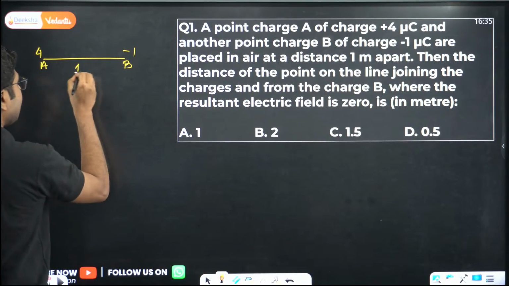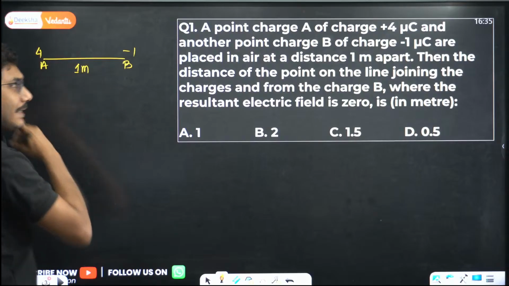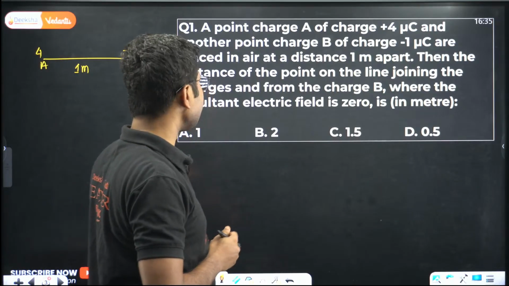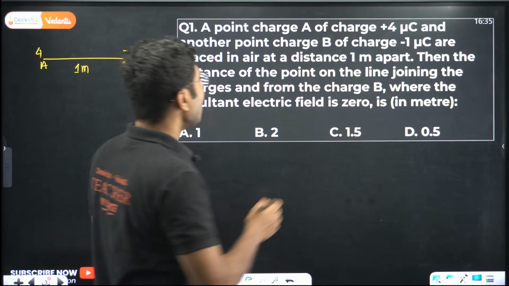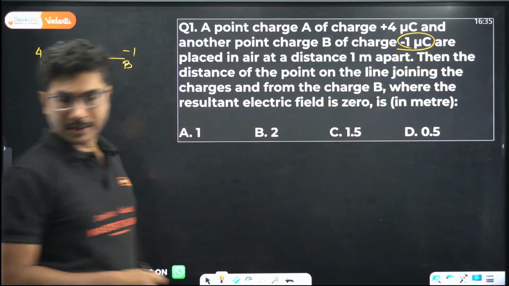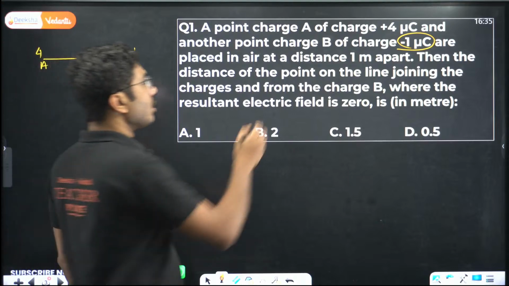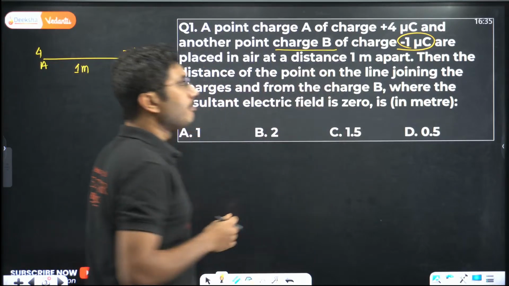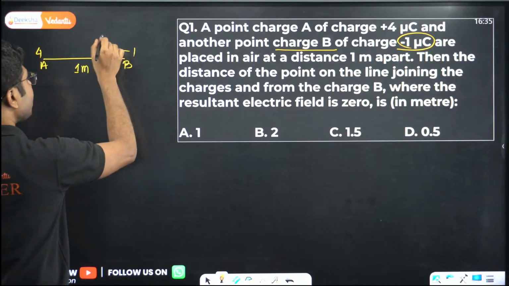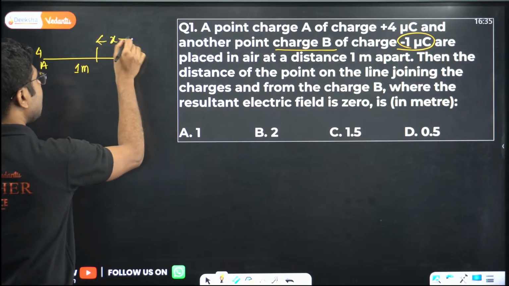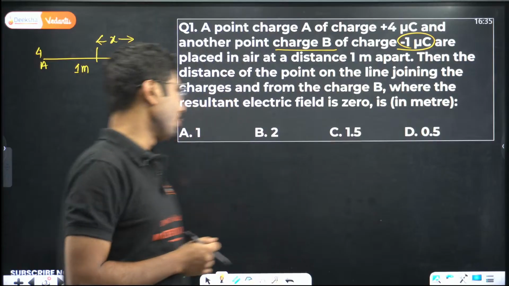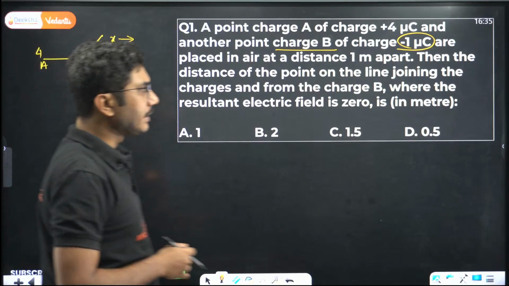We need the distance of the point on the line joining the charges, from the charge B. Very important to note, charge B is minus 1 microcoulomb. So from this charge, what should be the distance where the electric field is 0? Obviously it should be a fraction.